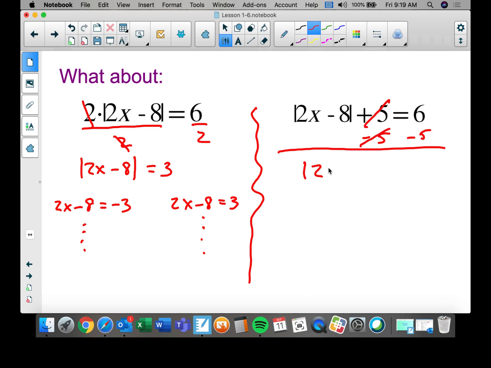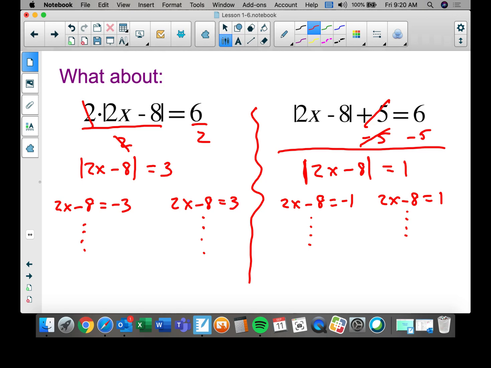Now I've got absolute value of 2x minus 8 equal to 1, and now I'm looking for distance of 1 from 0. So 2x minus 8 equals negative 1. 2x minus 8 equals positive 1. Okay, those are both 1 unit away, and once again, solve those equations separately to get down to your final answers.